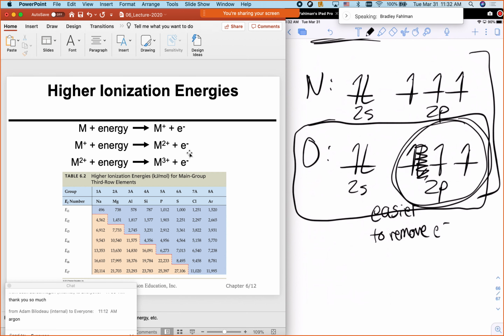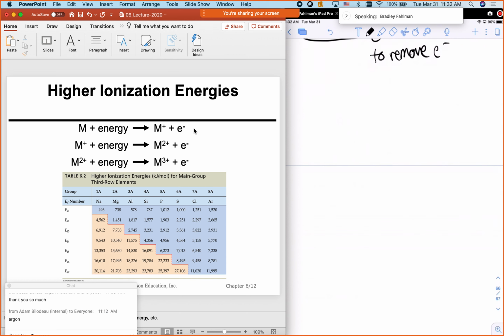All right, so you can look at these different ionization energies, and this is a common question on exams, so hint, hint for your next midterm exam. You'll see, for instance, aluminum, like I said before, that as you remove electrons, the ionization energy will go up. To remove that first electron is 578 kilojoules.